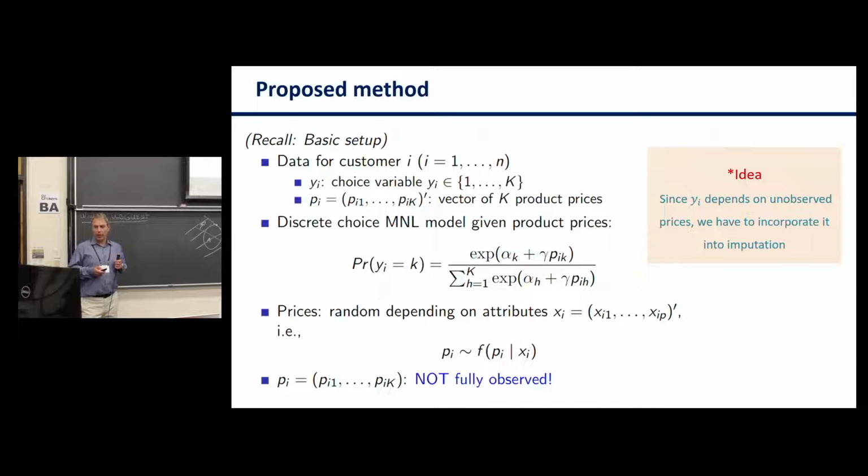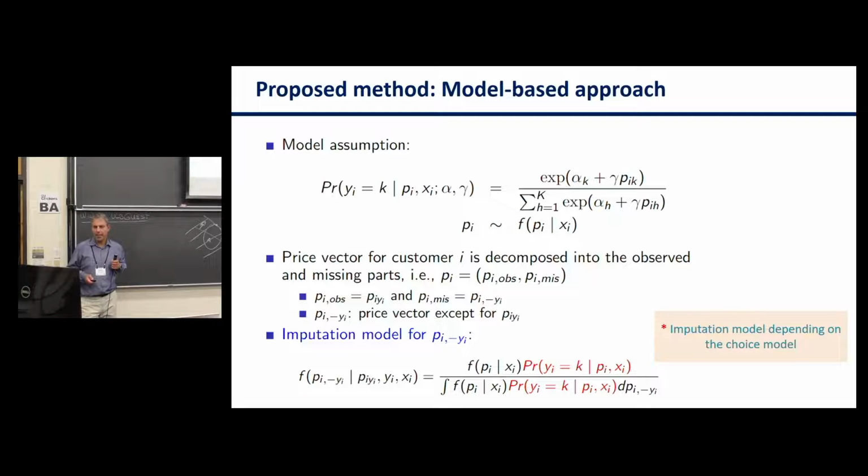We have random parameters, and we have prices that are not fully observed. Again, we have this MNL model, and we have some price vectors that are not observed, and we assume this distribution based on the choice probabilities. So this is the distribution for the unobserved prices.